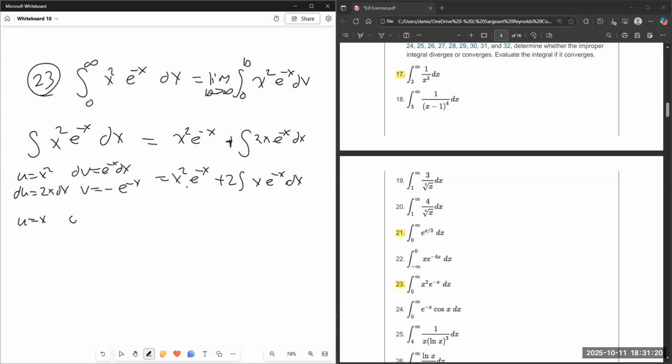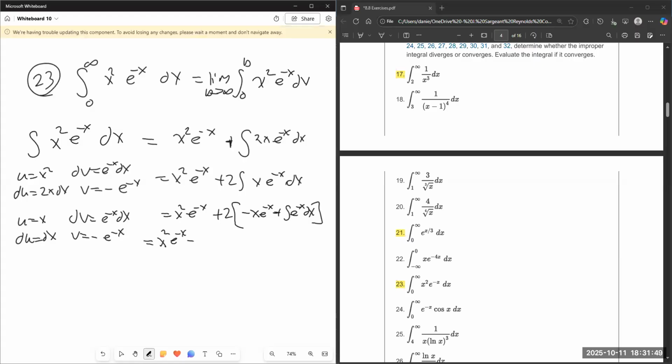u is equal to x, dv is e to the negative x dx, du is dx, v is negative e to the negative x. This is x squared e to the negative x plus 2 times, and then uv, negative x e to the negative x minus the integral of v du, so that'll be plus the integral of e to the negative x dx. Distribute that 2: x squared e to the negative x minus 2x e to the negative x plus 2 times the integral of e to the negative x dx.